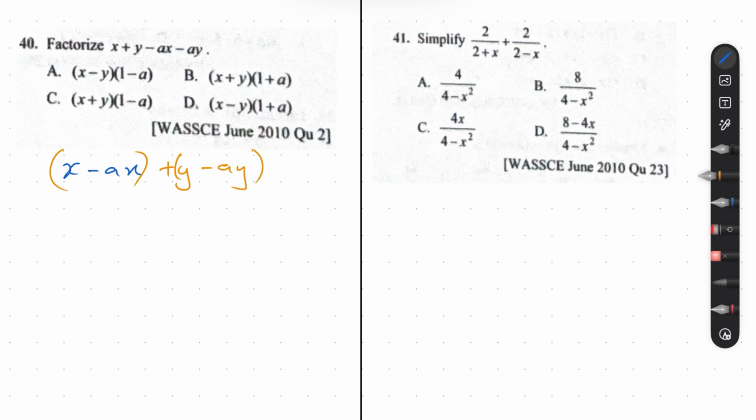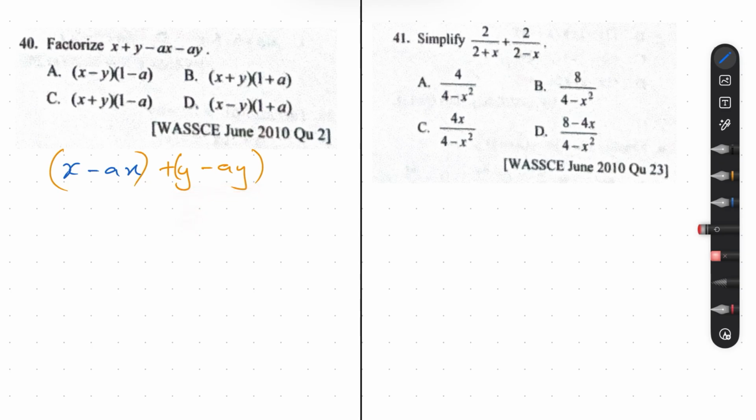Now if we look at this, it is the same as the original. We just grouped the like terms. We moved this here and this came here. Now we can see that x is common, so we can factor x out. Similarly here we can see that y is common, so we can factor y out.